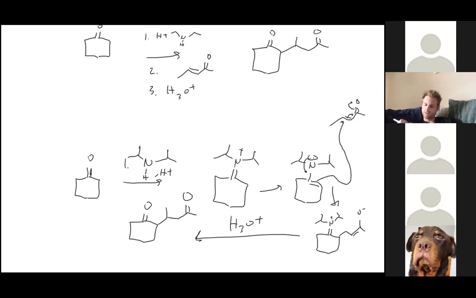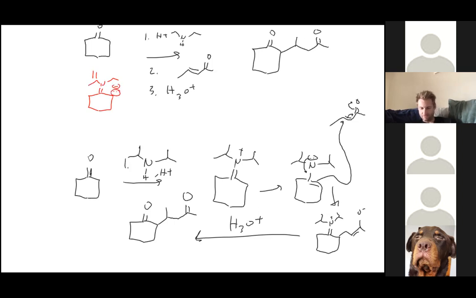Extra methyl next to the ring, this one here. Okay, so we're attacking, essentially make a negative here.